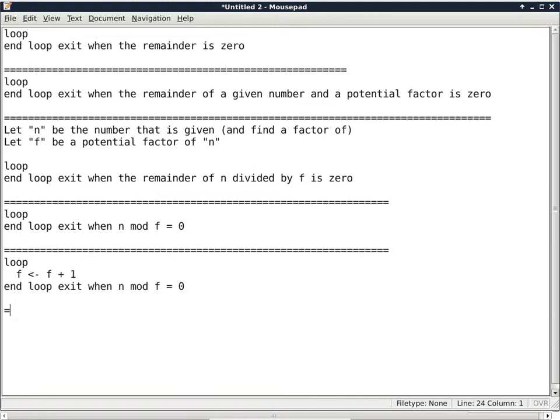All right, so we're almost done, except for one thing. This doesn't tell me what is the first value of f that I should try, because the loop is already saying, we'll just go ahead and increment f by 1. And the exit condition says, I want to try n divided by f, and let's see what is the remainder.